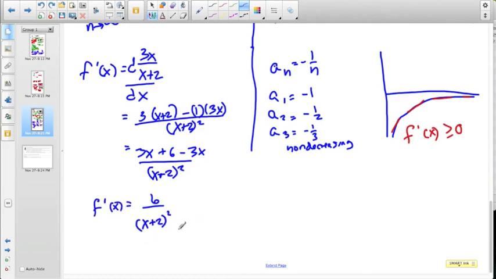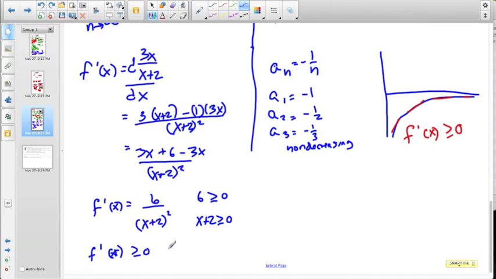So if we look at that, 6 is always greater than or equal to 0. And x is also the term number, right? And we talked about the domain being positive integers. So x plus 2 is always greater than or equal to 0. So we know that the derivative is always going to be greater than or equal to 0.